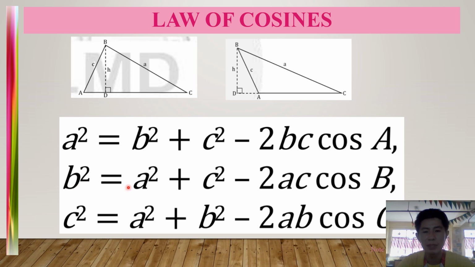Halimbawa dito, ang missing ay yung angle B, pero yung side b, side a, tsaka side c ay meron siyang given. So, ito naman yung formula na gagamitin natin. Okay? So, to further understand this explanation, we need to solve for some examples.